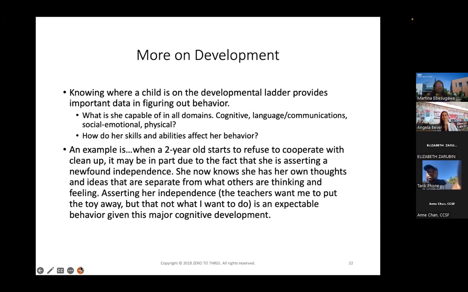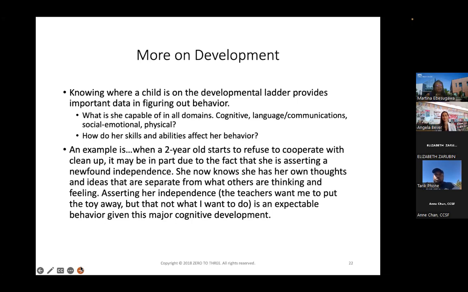This behavior, however, is not acceptable for a child, for example, who is 6, because we know that they have the language and they should have the social emotional capacities to regulate themselves, as well as to negotiate, as well as to comprehend understanding, as well as to be able to take on the perspective of somebody else. We know that 2-year-olds are going through autonomy, as well as going through a lot of ego support learning.